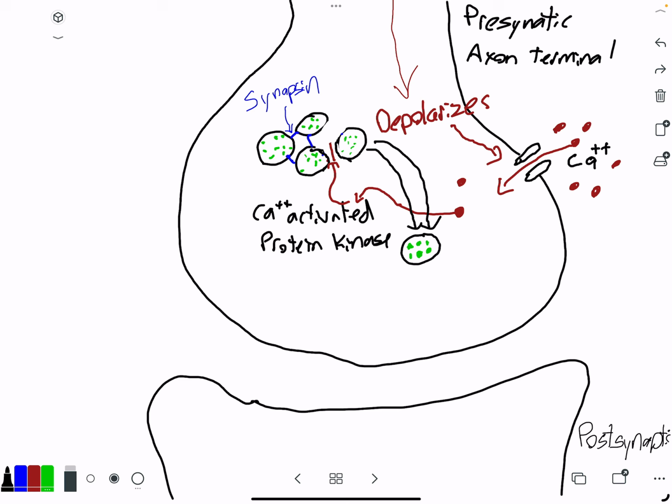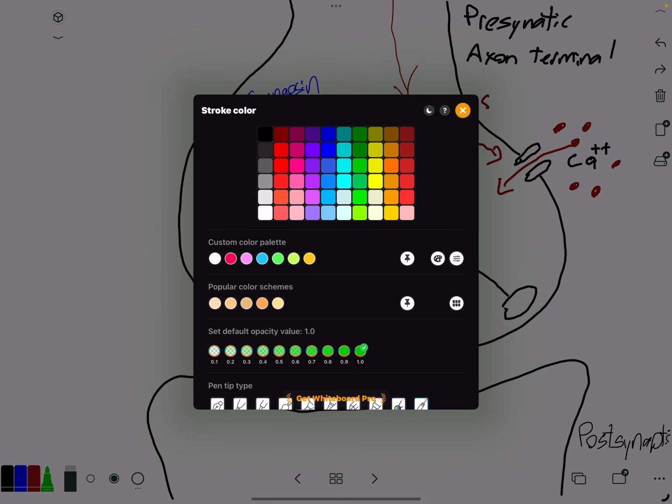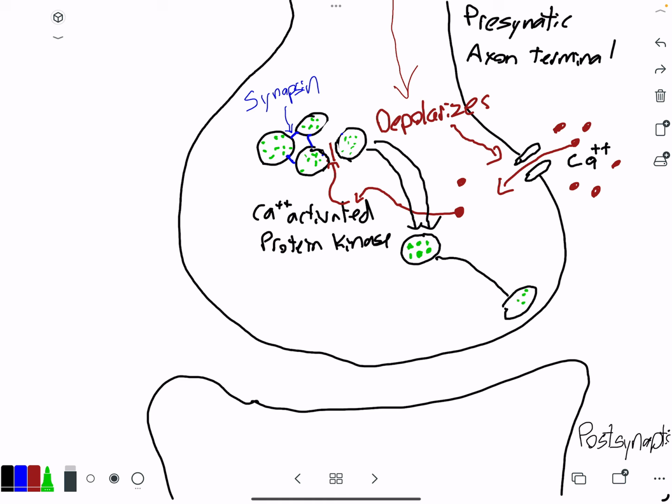Now, calcium is not only facilitating the movement of our vesicle closer to the membrane, but it's also activating another class of proteins, of which there are a few kinds, on the vesicle and on the membrane.